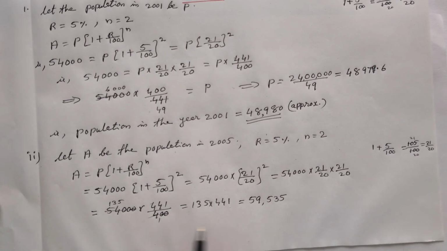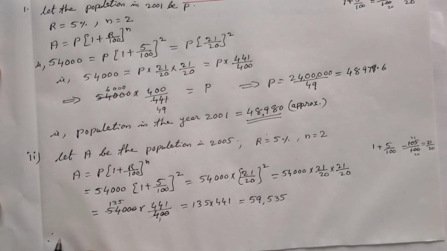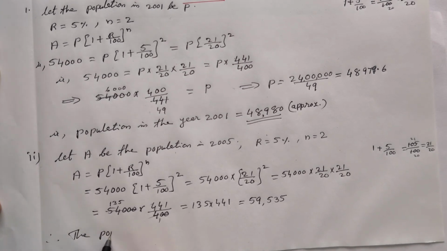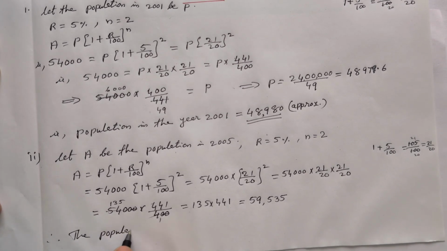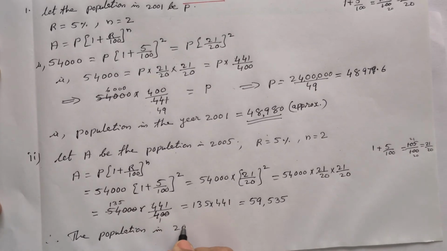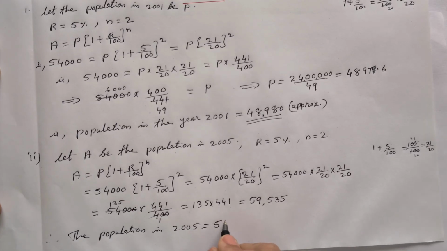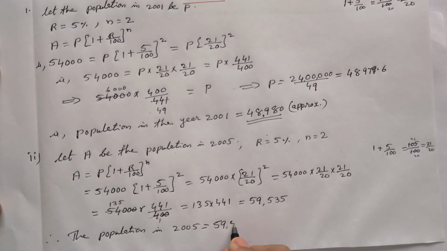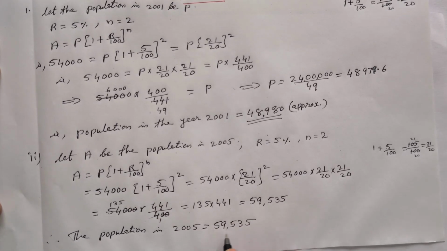So that A is equal to, we got that as 59,535. So according to the question we can write, therefore the population in 2005 is equal to 59,535.